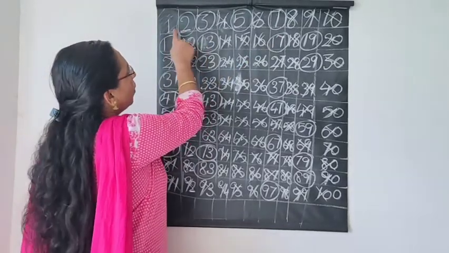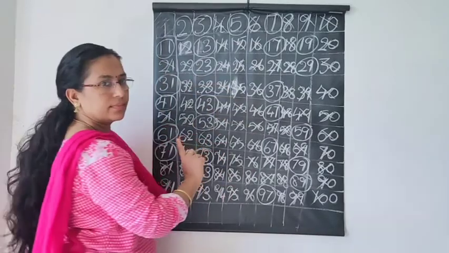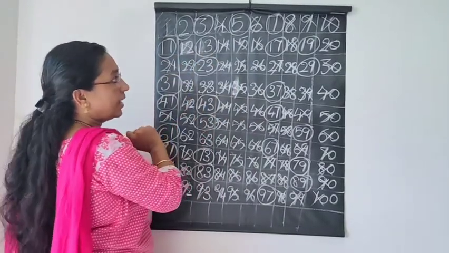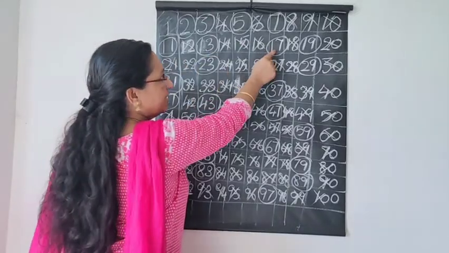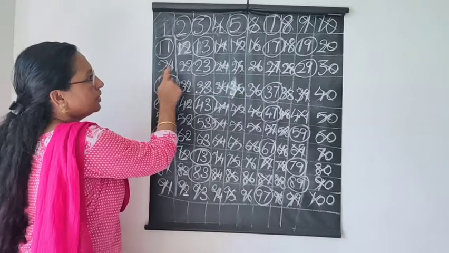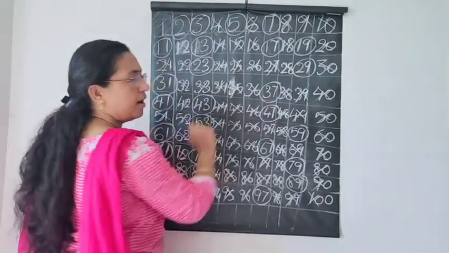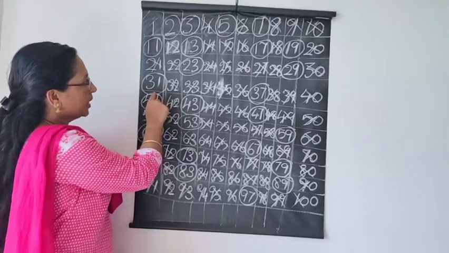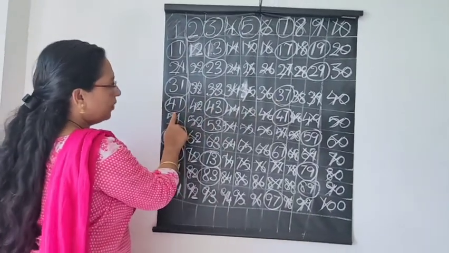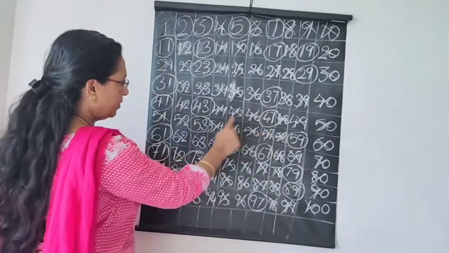1 to 10: 2, 3, 5, 7. And 11 to 20: 11, 13, 17, 19 are the prime numbers. Okay? 21 to 30: 23, 29 are the prime numbers. 31 and 37. 41, 43, 47 are prime numbers.